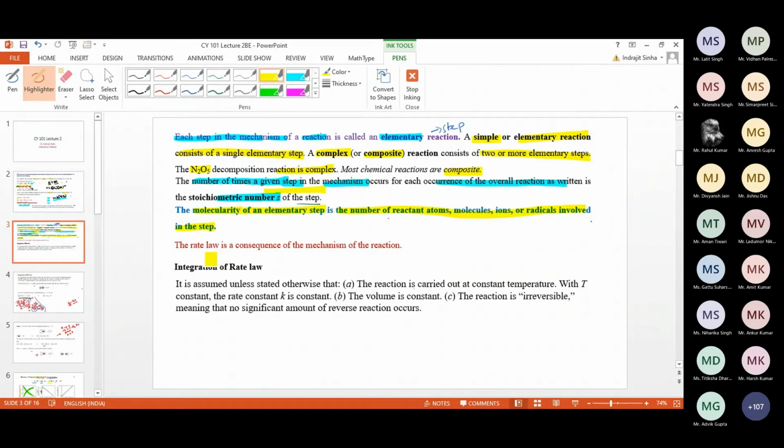The second thing is, you said molecularity of the rate determining step, right? When you say that, you are talking about an elementary step in the mechanism. So you can talk about the molecularity of an elementary step in the mechanism, only the elementary step.